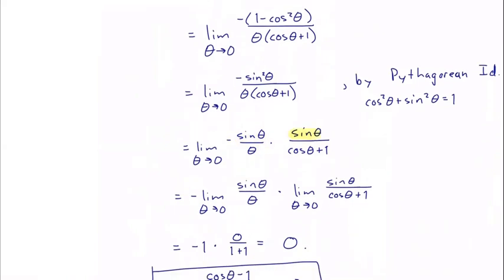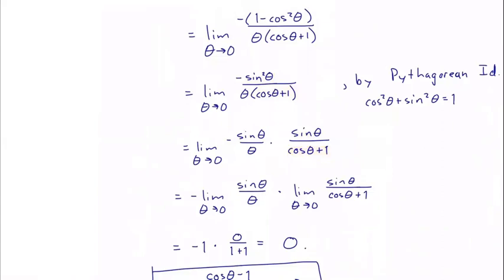Now this one, sine theta goes to 0 as theta goes to 0. It's a limit that you could have seen in the book before all these, but we're moving a little more quickly in the lecture videos, or you could convince yourself of that otherwise. So let's see. Then we've got cosine theta plus 1 as theta goes to 0.